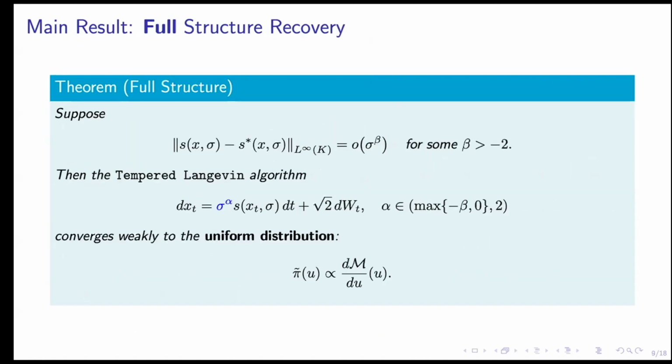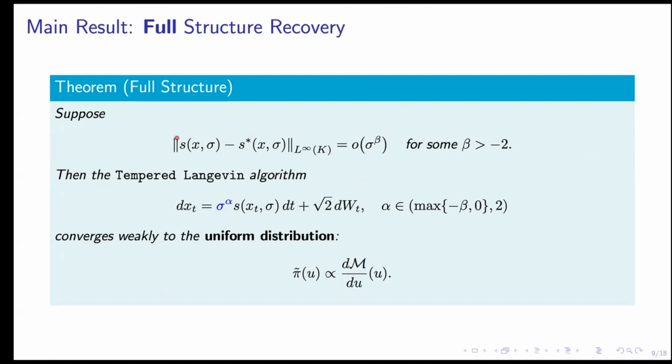That is what we call full structure recovery, full geometry learning. We propose a new algorithm that, under this badly learned score, can still learn the manifold and sample from the uniform distribution on the manifold.